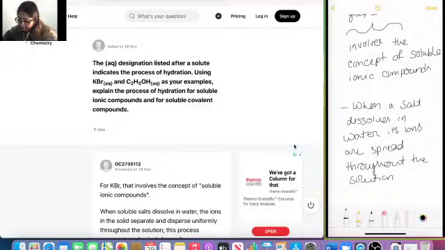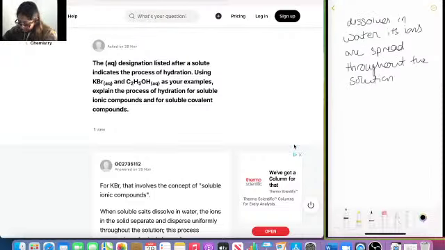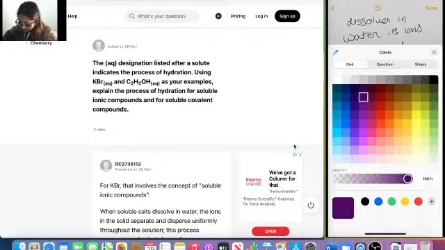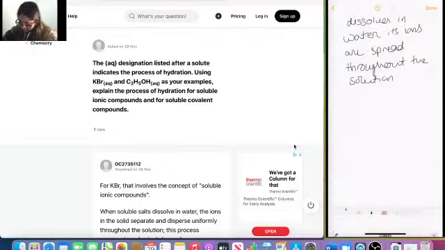Okay, and so this process, right, is known as dissociation.